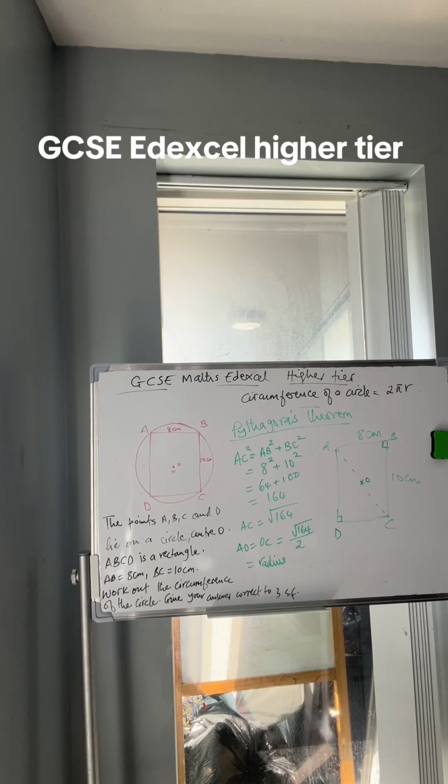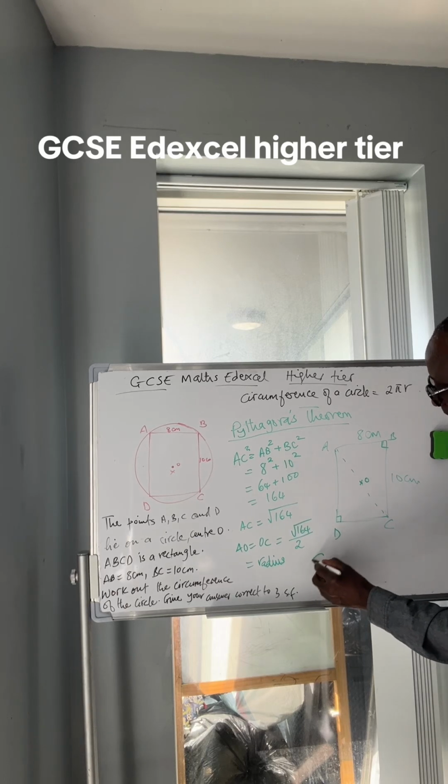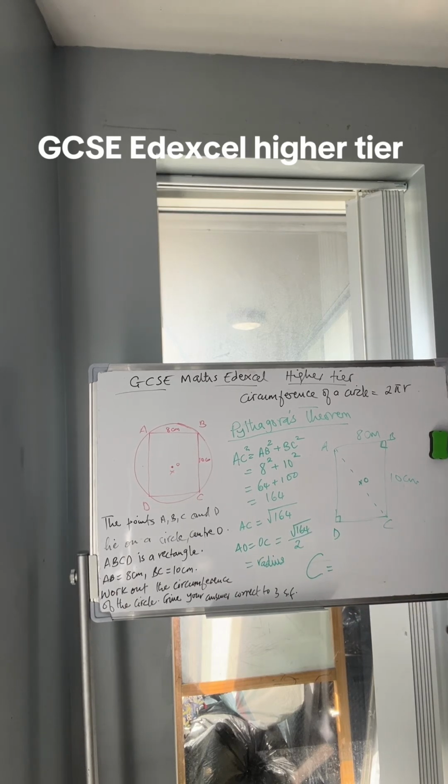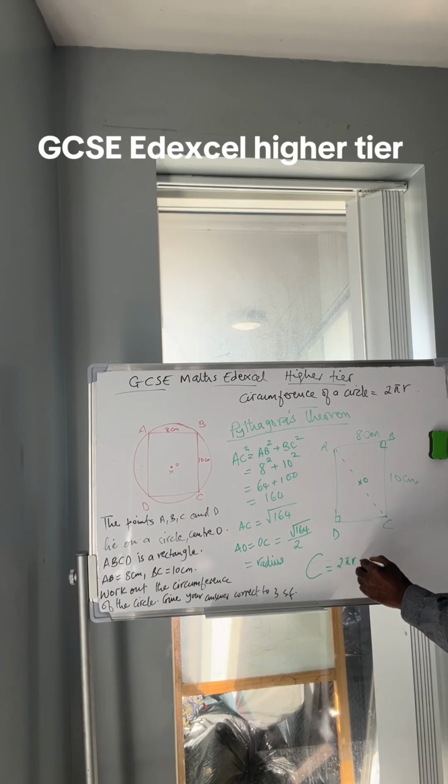Correct? So now let's find the circumference of the circle. The question says, work out the circumference of the circle. So the circumference of the circle, I will call it big C, is equal to 2 pi r.